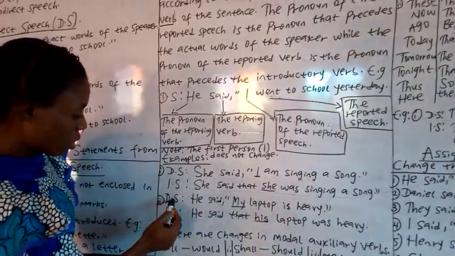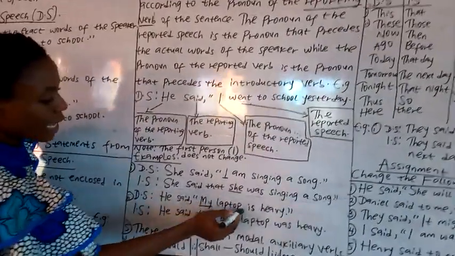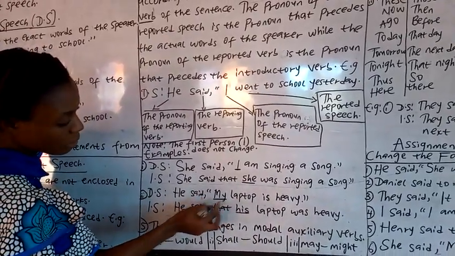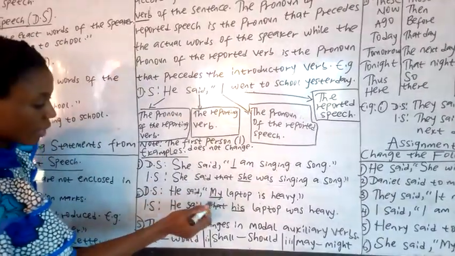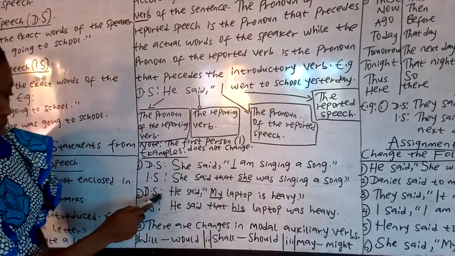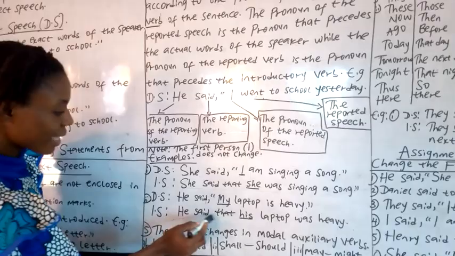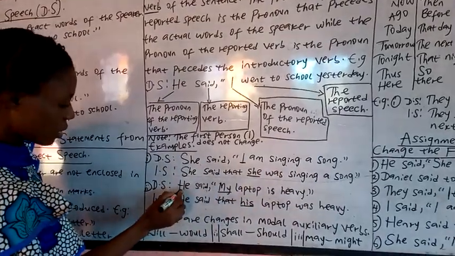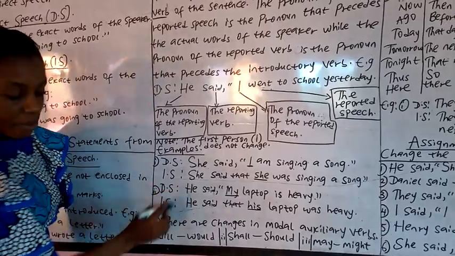Number two, he said, "My laptop is heavy." For you to know the pronoun that will replace "my" here, you now consider the pronoun of the reporting verb. He said that his laptop was heavy.